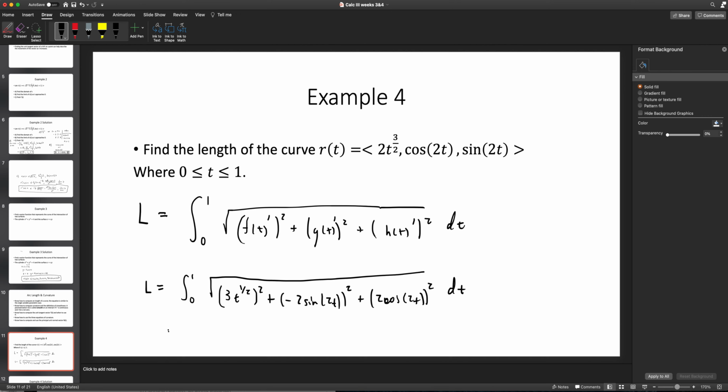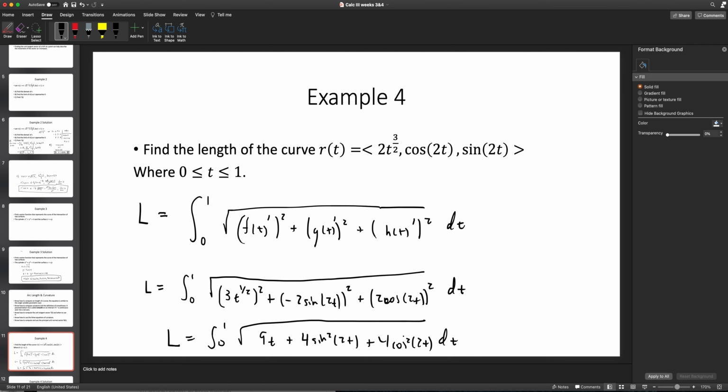And maybe we can simplify this a little bit. Let's take a look, 0 to 1. We get 9t plus 4 sine squared 2t plus 4 cosine squared 2t dt.